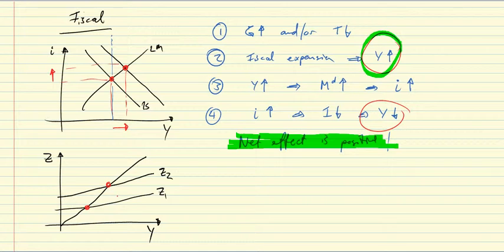So that is 1, this one here, and 2 here, the increase in income. 3 will have to go to the financial market.